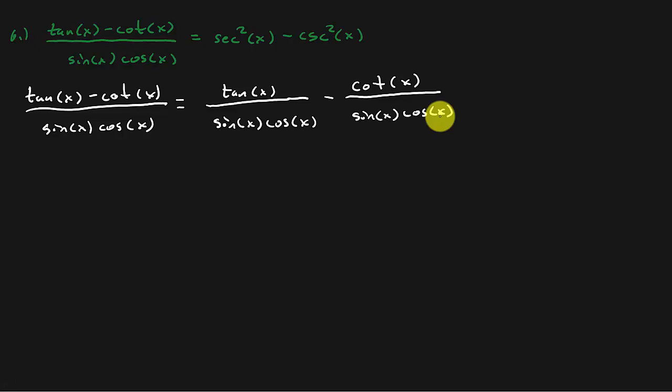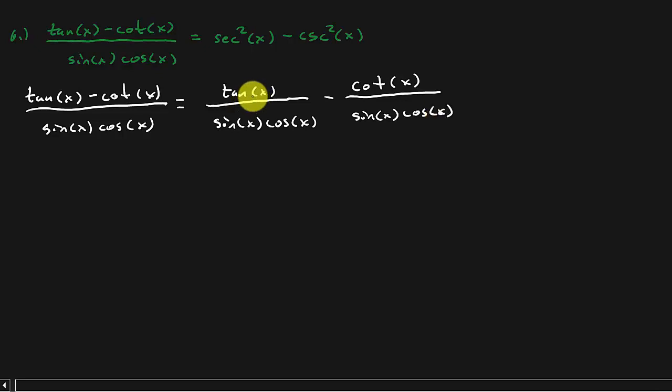All right, so I think what we could do now is convert everything into terms of sine and cosine. Tangent is sine over cosine, and cotangent is cosine over sine.